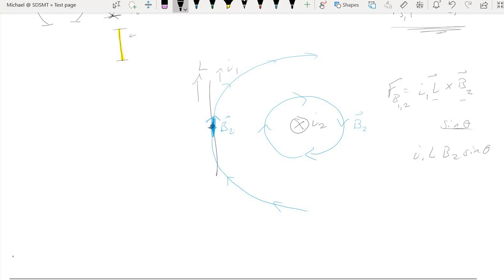Well, not exactly. What we need to do is take our magnetic field out even further, because there are going to be locations along the length of the wire where our magnetic field has components that are running parallel and perpendicular to the length of the wire.